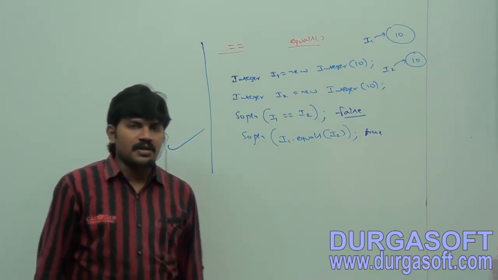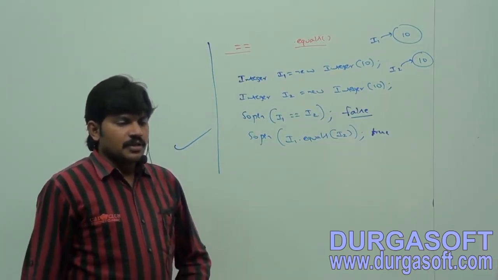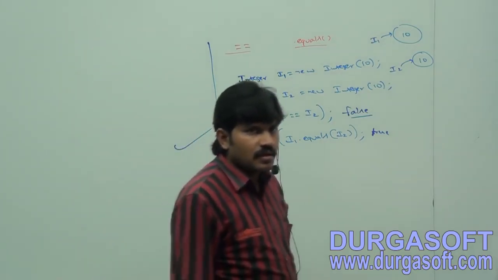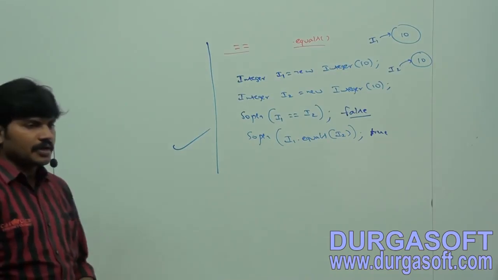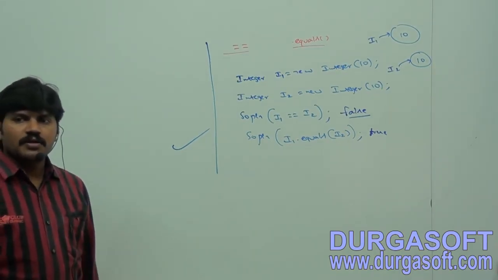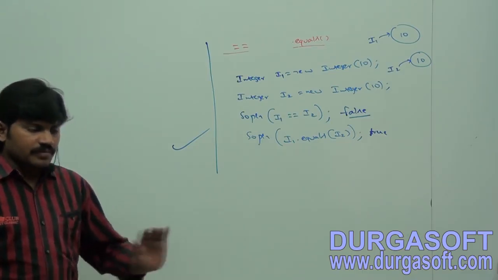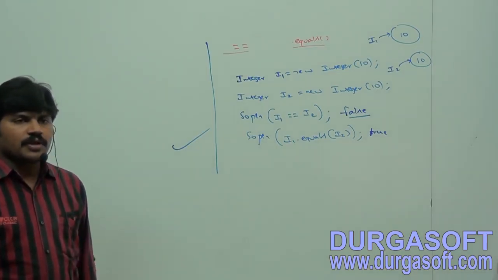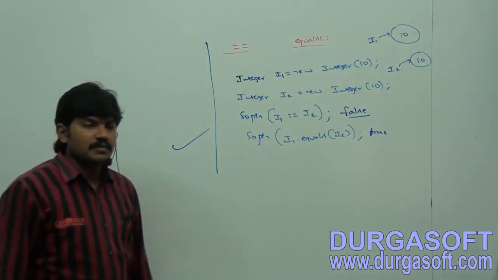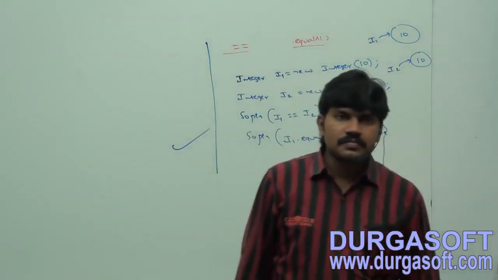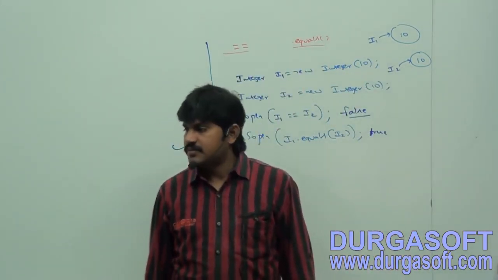Okay, at this point, in general, double equal operator is meant for reference comparison, within bracket address comparison.